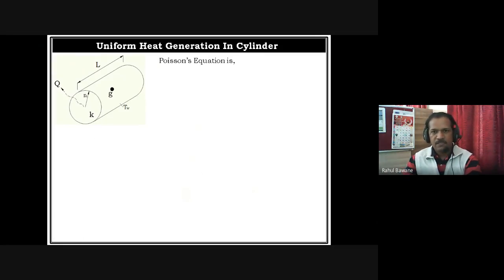So this is our schematic. Now, as I said in previous videos also, this complete topic is based on only the one dimensional steady state heat conduction equation. So Poisson's equation for our cylinder will be 1 upon r d by dr in bracket r into dT by dr plus g upon k equal to 0. This is the one dimensional steady state equation.